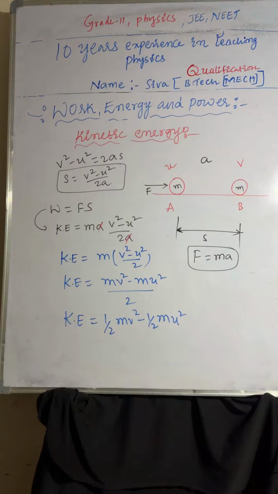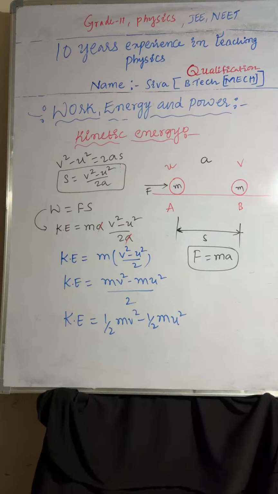V square minus U square equals 2aS, so S equals V square minus U square by 2a. Whenever force is applied, the body moves, so W equals Fs. Whatever work is done becomes kinetic energy because the body comes under motion.